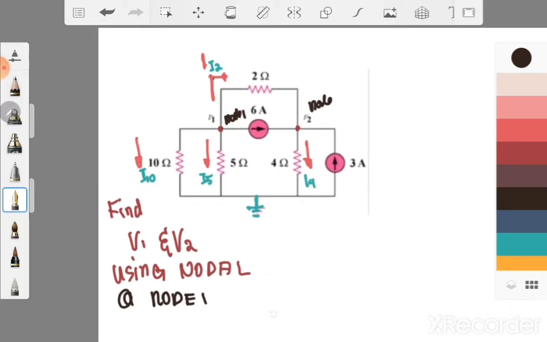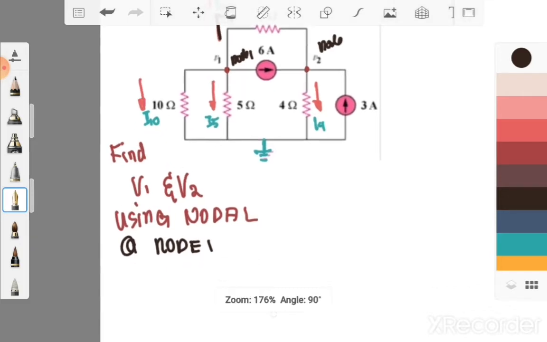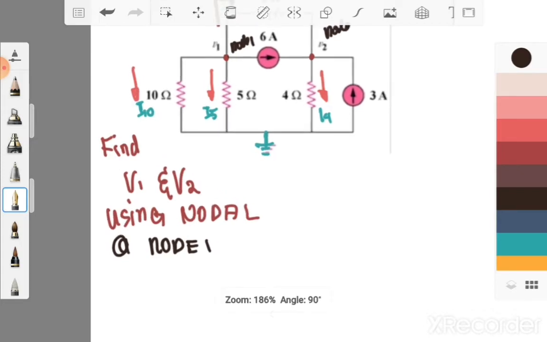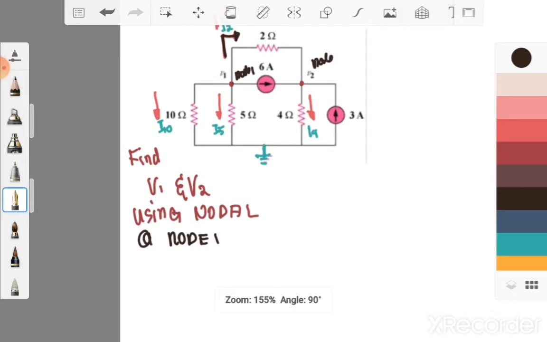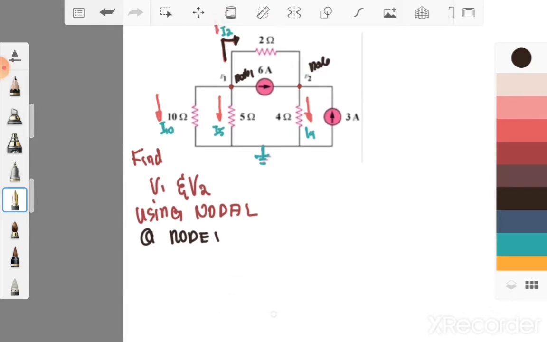Yung I2 mo, take note na nag-leave siya sa node 1 and then papasok siya sa node 2. Okay? Baka mamaya ang gagawin mo, since nag-leave siya sa node 1, mag-leave ka rin sa node 2. Wag guys, wala nang matitira sa iyo, di ba? Joke lang, sige.